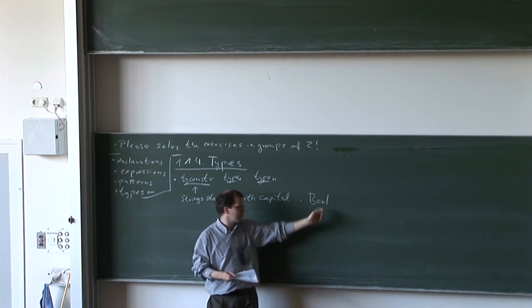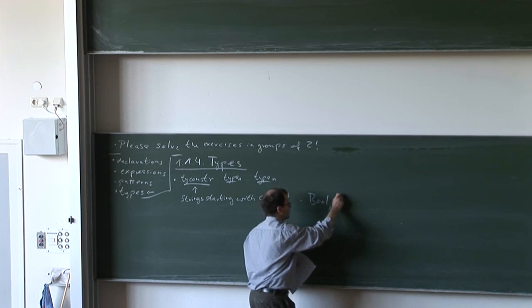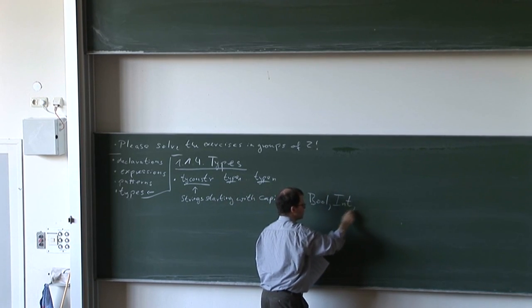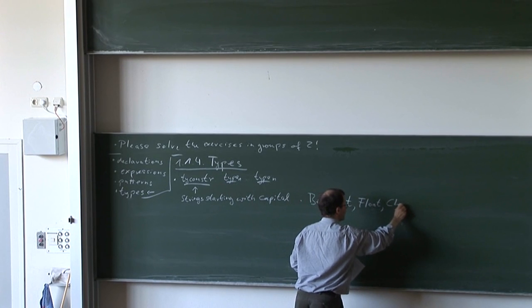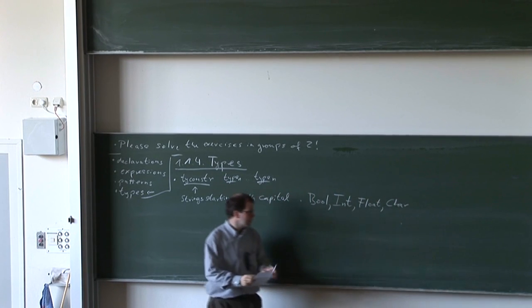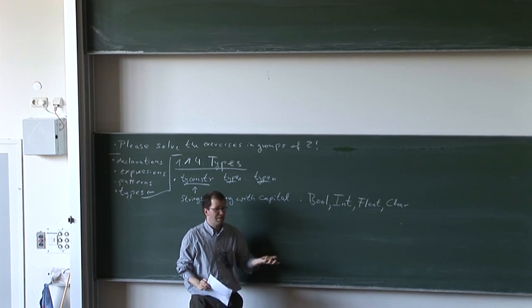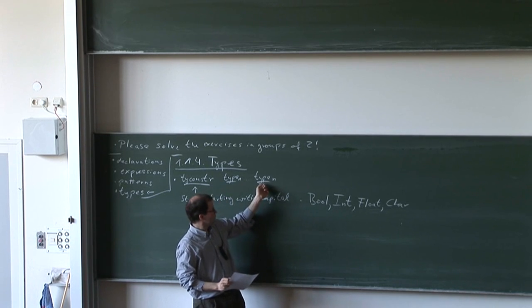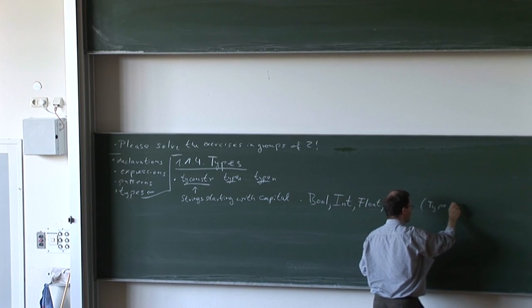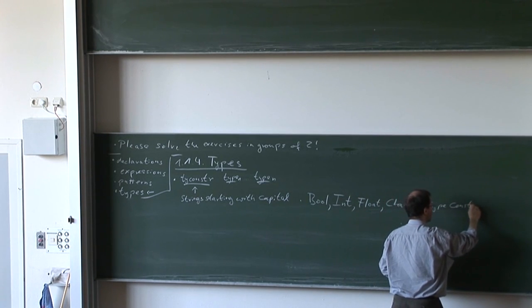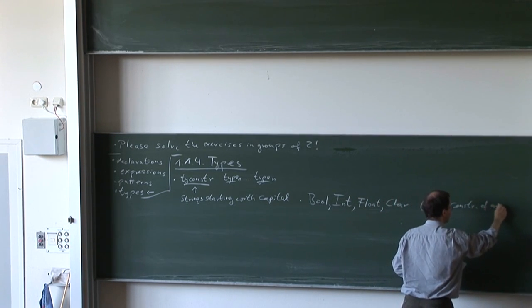It's a type constructor of arity 0. Another type constructor of arity 0 is Int, or Float, or Char. So these are predefined type constructors which produce new types. They don't need any input type.